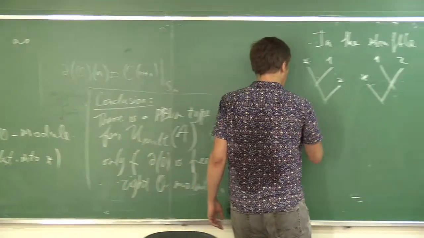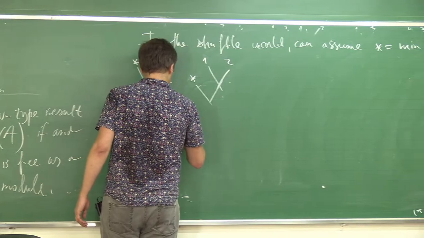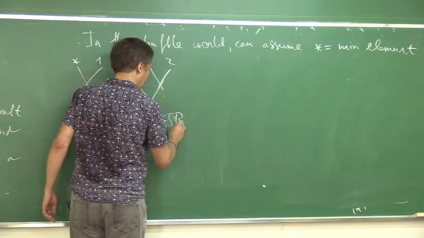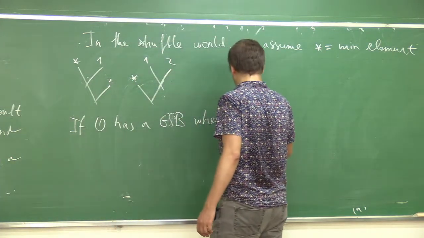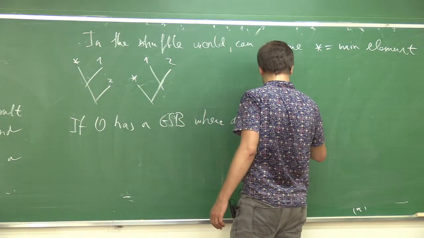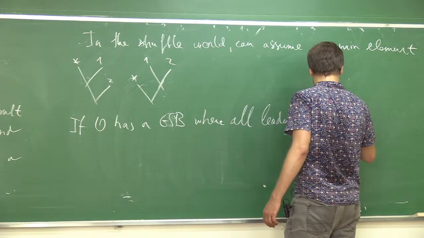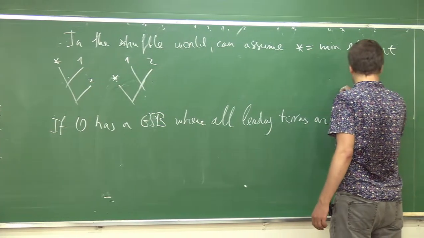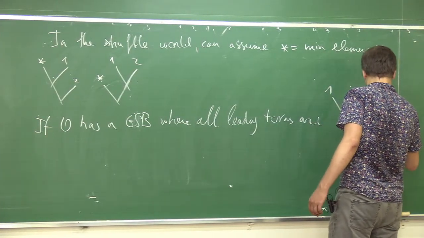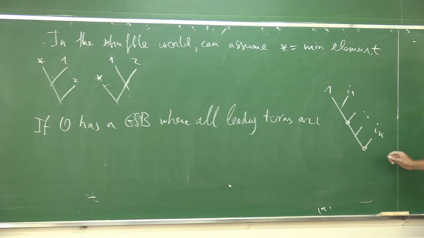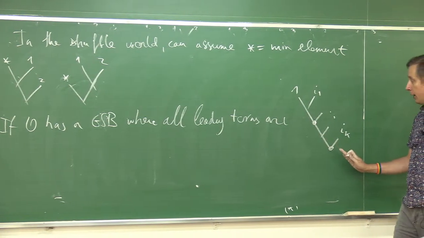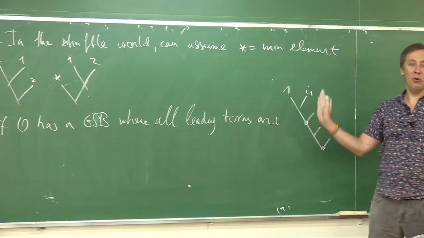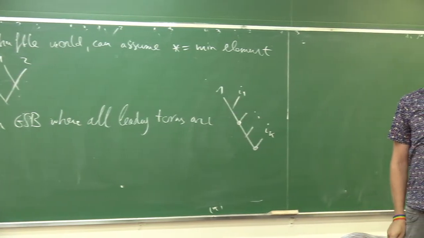And if O has a Grobner-Shirshov basis where all leading terms are like this, meaning that they are shuffle trees that grow strictly to the left, there is no moment when they turn to the right.